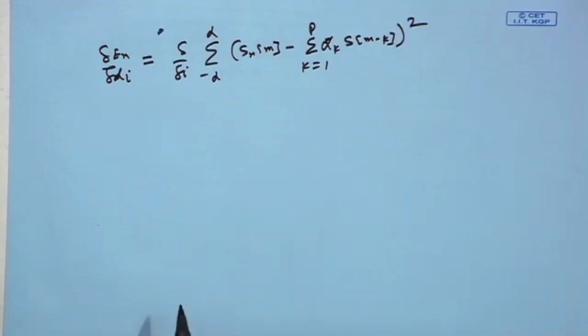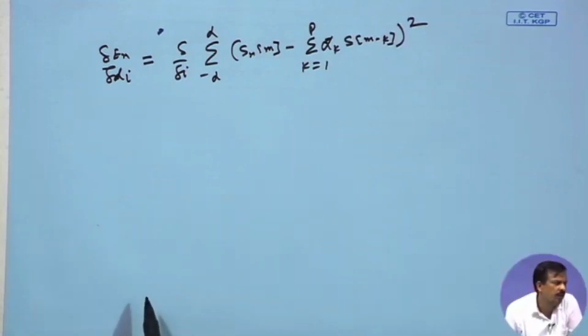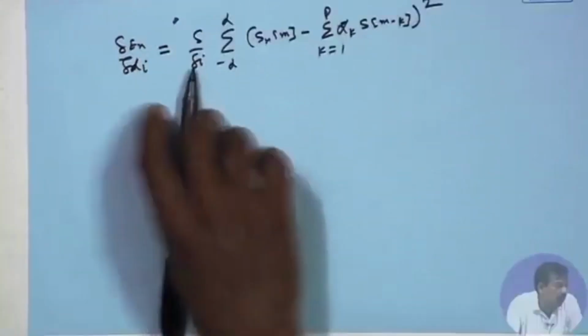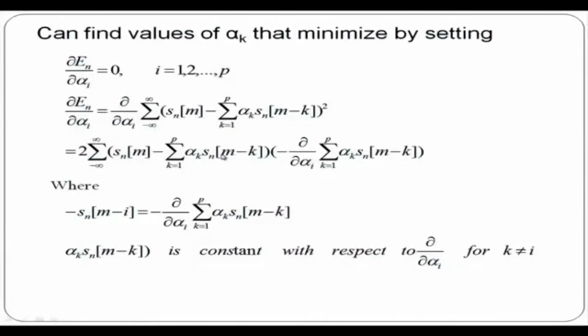I just put the value of E n. If I take the derivative, I am not deriving it on paper; if you see the slides, I get 2 into the sum over m of the whole function, since it is a minus b whole square, again multiplied by d by d alpha I of the sum over k equal to 1 to p of alpha k s n m minus k.